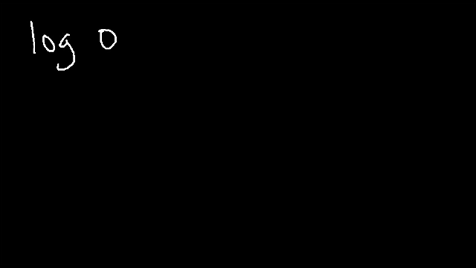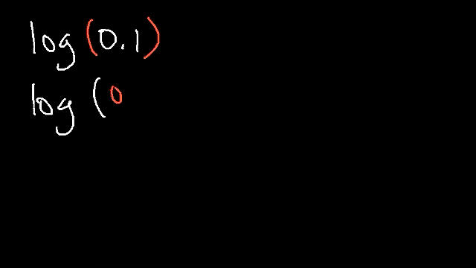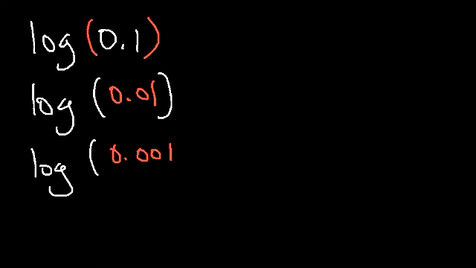What about these? Log of 0.1, log of 0.01, and log of 0.001. A log of 0.1 is equal to -1. When it's less than 1, it's going to be negative.